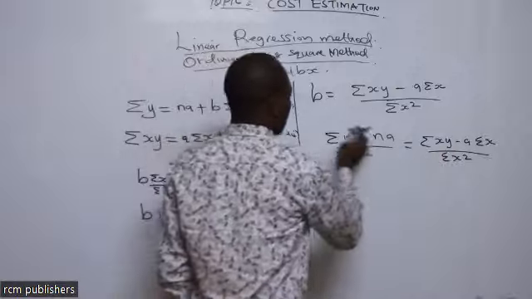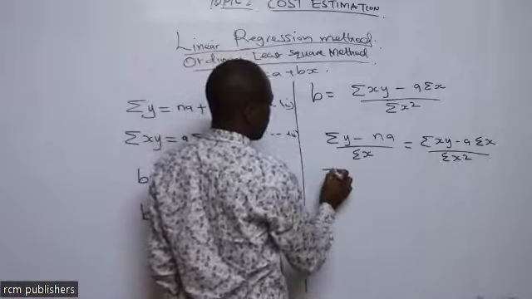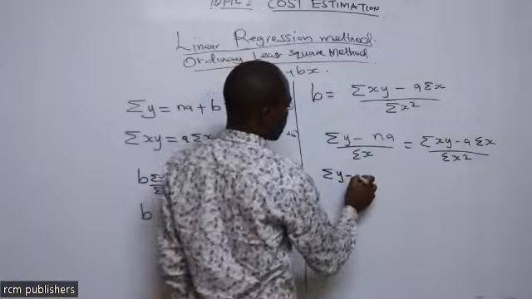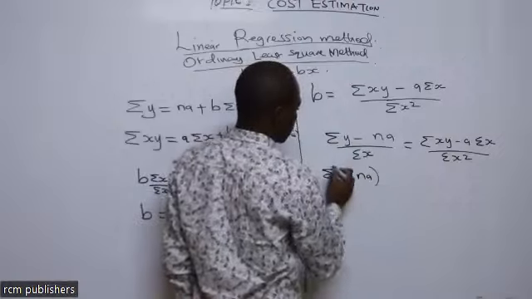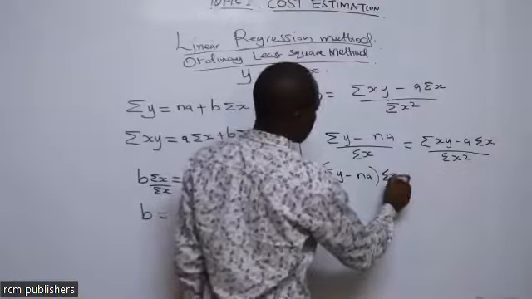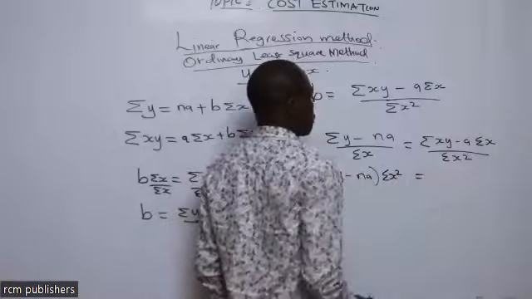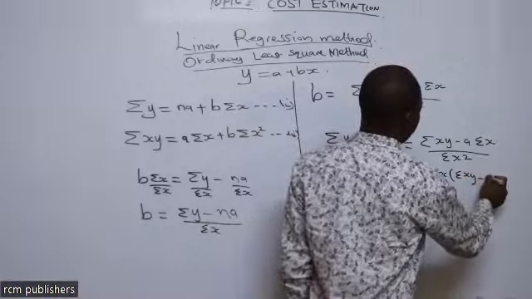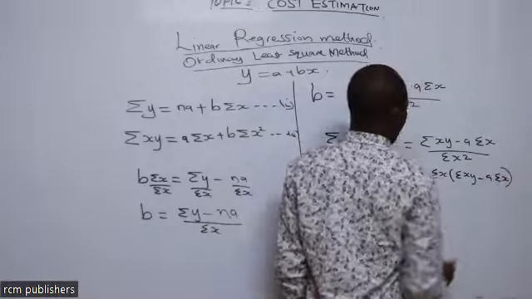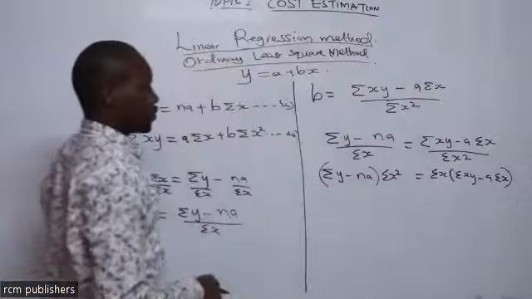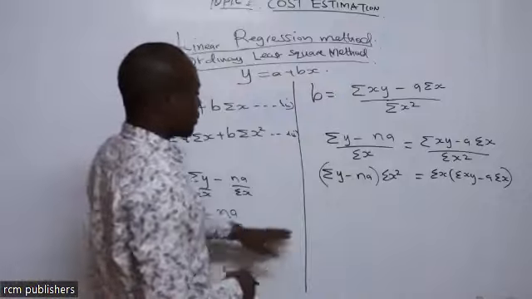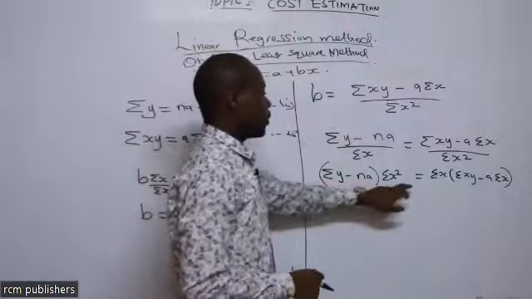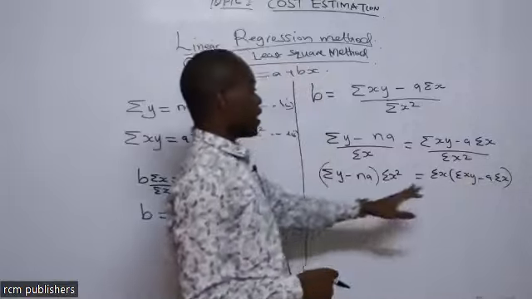So when we now bring this summation of Y minus NA, we have summation of X squared is equal to summation of X into summation of XY minus A summation of X. That is what we have. If you look at it, you will be able to see we've eliminated B. We now remain with A, which we are looking for in these particular functions.